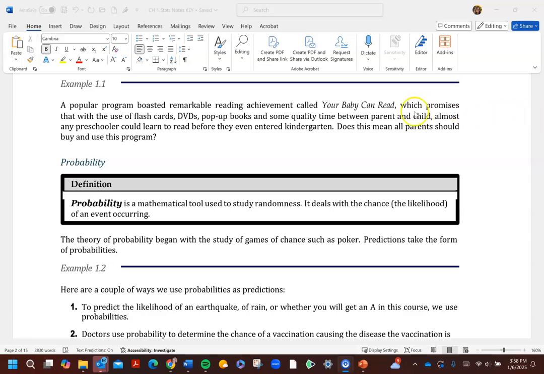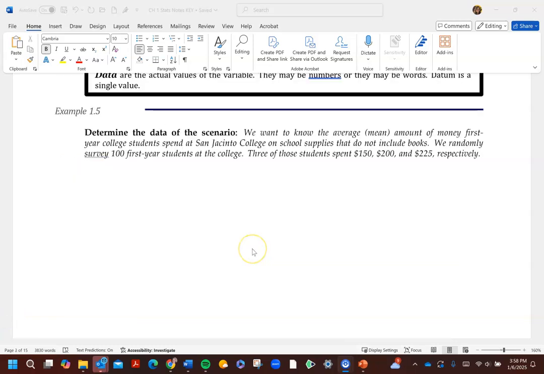I'm going to jump down a little further on. Example 1.5 is very similar to what we just did in the book. It just calls it a local college instead, but maybe without looking back at the other one, you can try to do this problem on your own and make sure you have it down and write everything out. You can go ahead and do that now, or if you already wrote the other one out, that's fine. And I'll pop the answers in a moment.